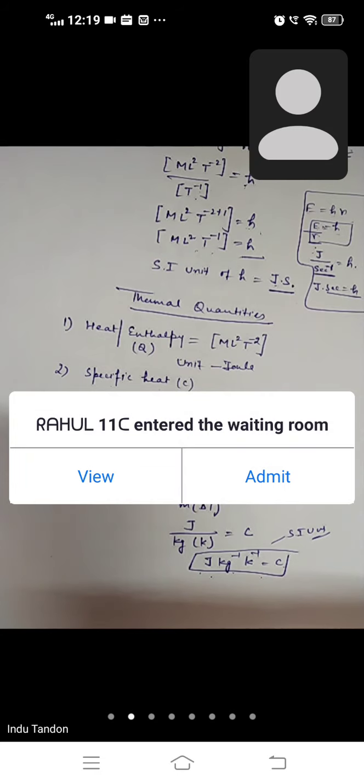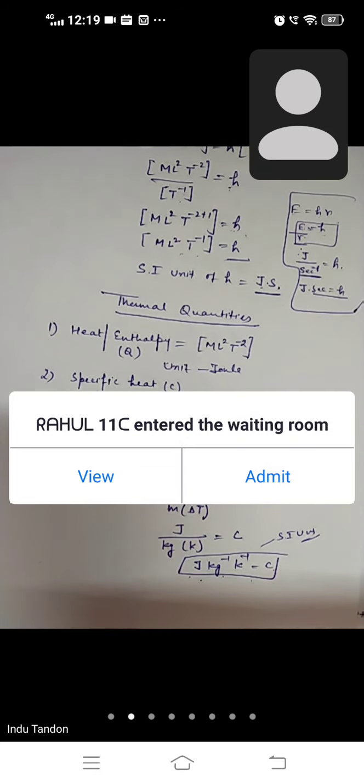Specific gravity is the relative density.